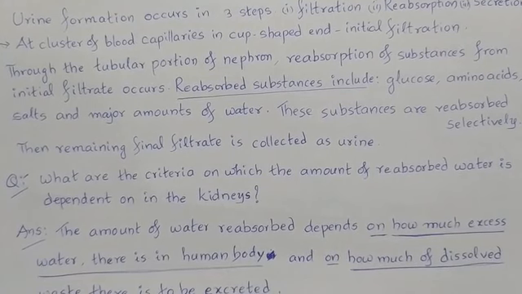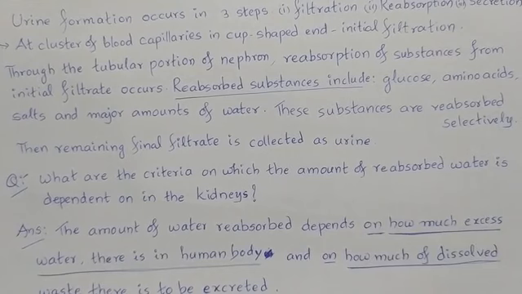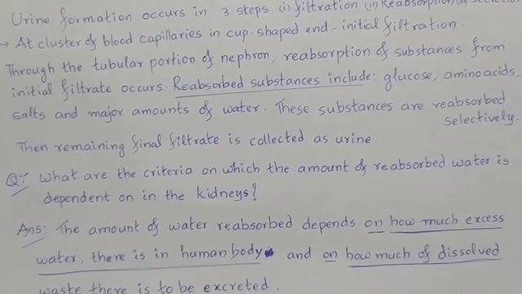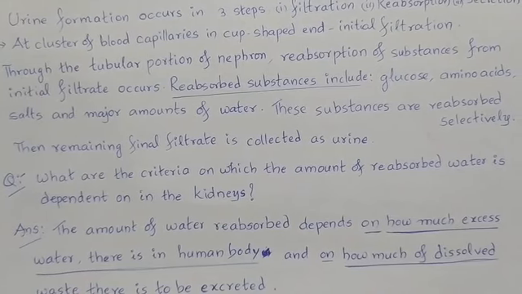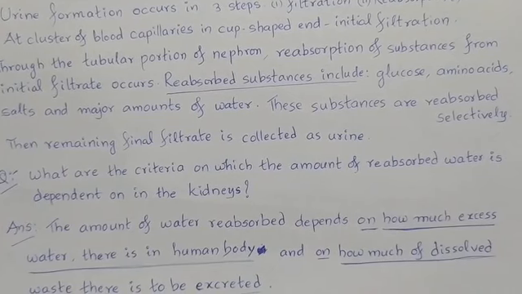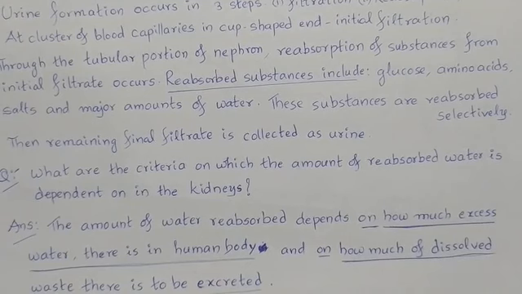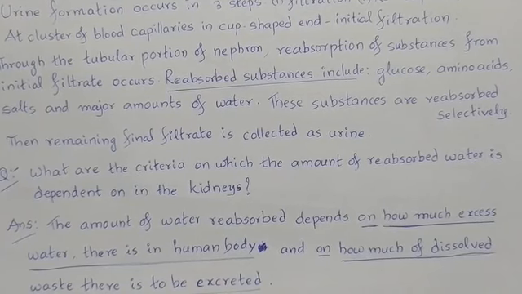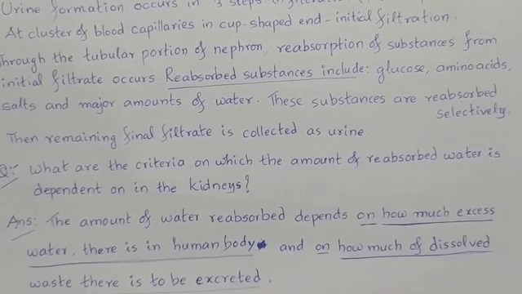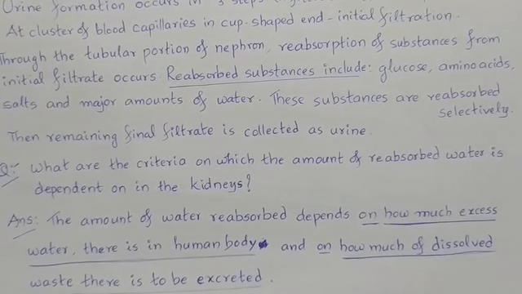The reabsorbed substances include glucose, amino acids, salts, and major amounts of water. These substances are selectively reabsorbed from the tubular portion into the surrounding blood capillaries. Then the remaining final concentrated filtrate is collected as urine by ureters.